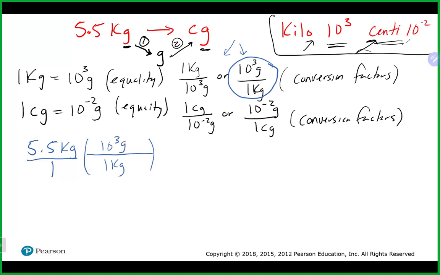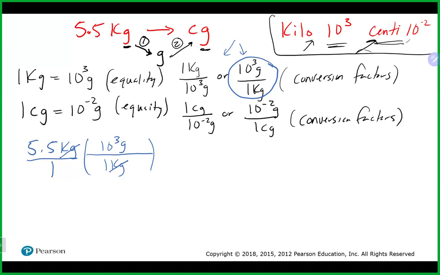If I stop this calculation right at this point, what units am I in? I am in grams because the kilograms on top will divide out the kilograms on the bottom, and I have grams. The benefit of doing that is I don't have to think about it too much because I could clearly see grams are where now?